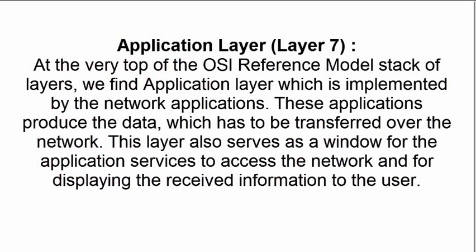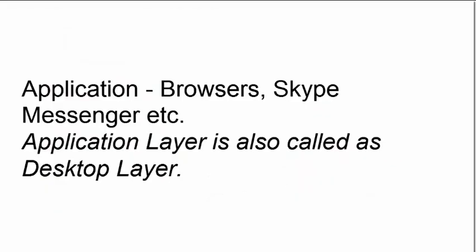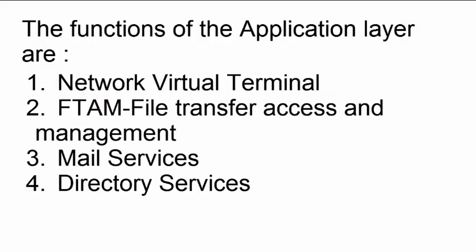This layer also serves as a window for the application services to access the network and for displaying the received information to the user. Applications like browsers, Skype, messengers, etc. The application layer is also called the desktop layer. The functions of the application layer are network virtual terminal, file transfer access and management, mail services, and directory services.